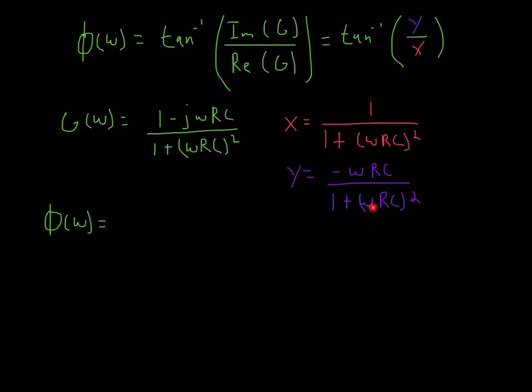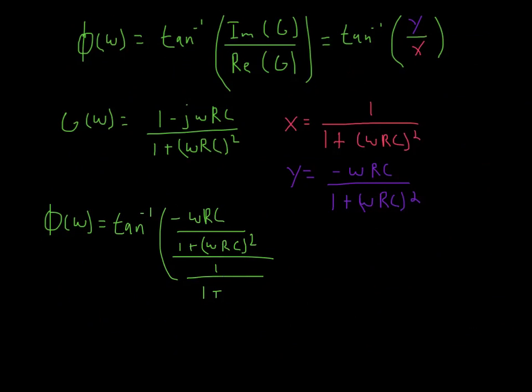So the phase then is just going to be the arctan of minus omega RC over 1 plus omega RC squared, divided by 1 over 1 plus omega RC squared, and my bracket is getting really kind of sloppy and big there.